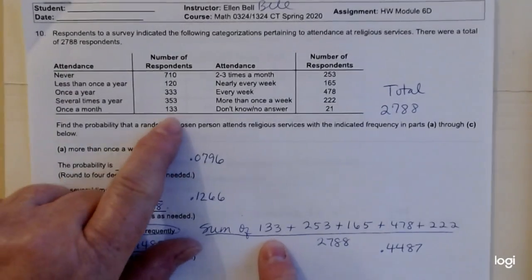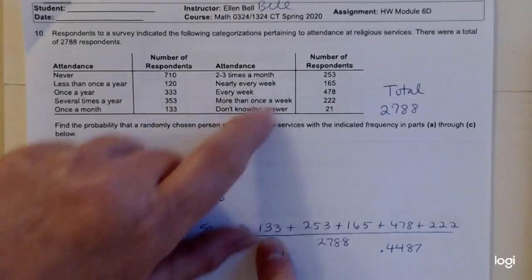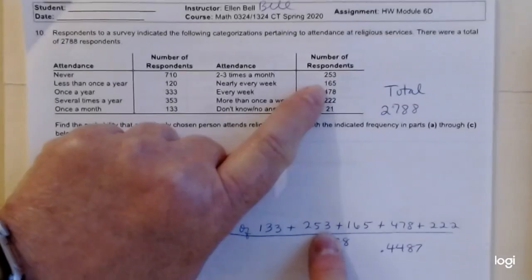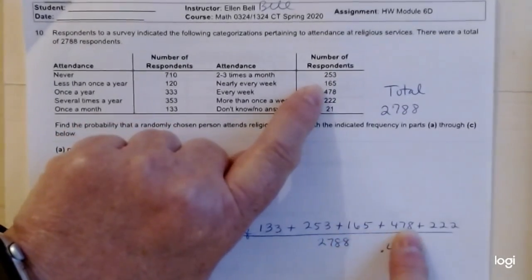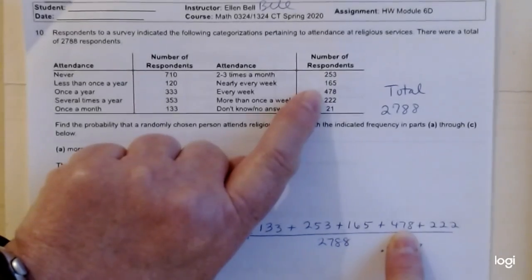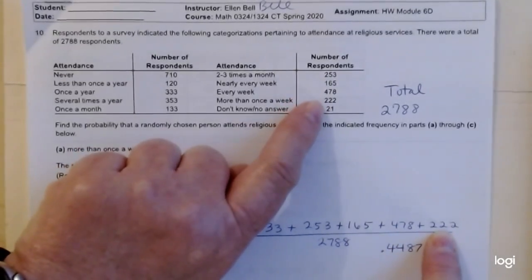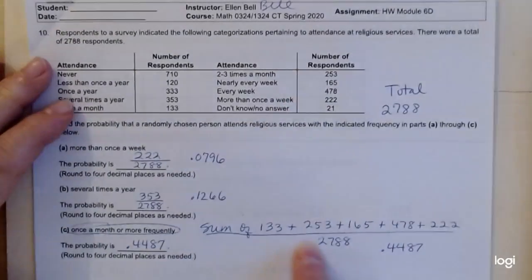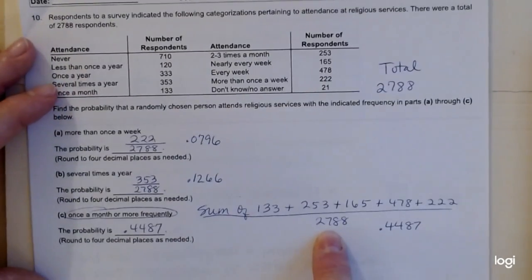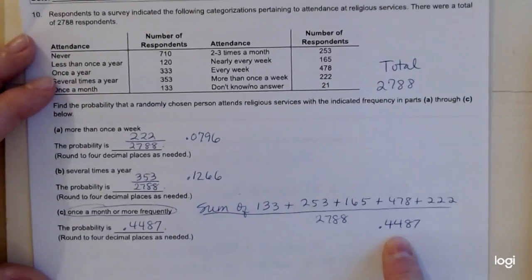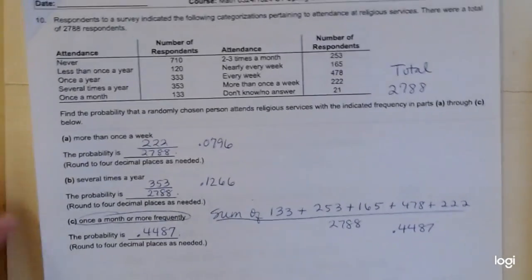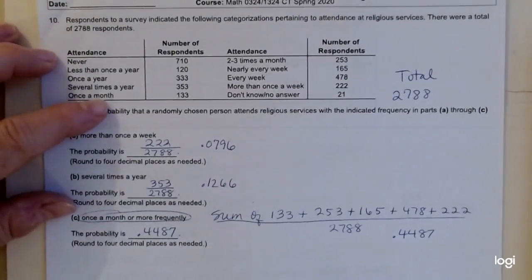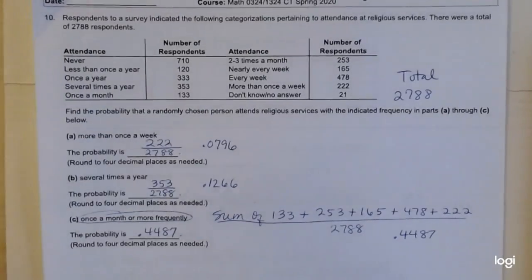So we have the 133 who said once a month, then the 253 for 2 to 3 times a month, 165 for nearly every week, 478 for every week, and 222 for more than once a week. And we add those up and divide by 2,788, and we get 0.4487. That's the probability that someone attended once a month or more frequently.